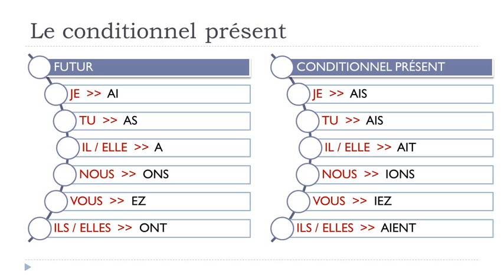To be totally honest, because we construct these two tenses the same way, the endings are the only way to make the difference between the future and the conditional. So it's quite important to really remember them by heart. Remember future: AI, AS, A, ONS, EZ, ONT, but conditionnel présent: AIS, AIS, AIT, IONS, IEZ, AIENT.